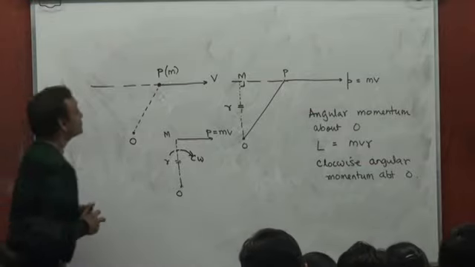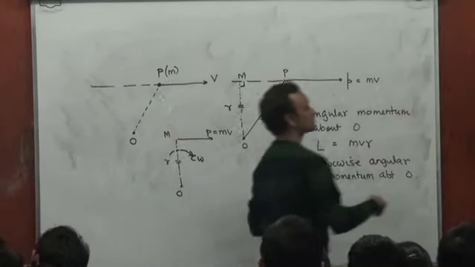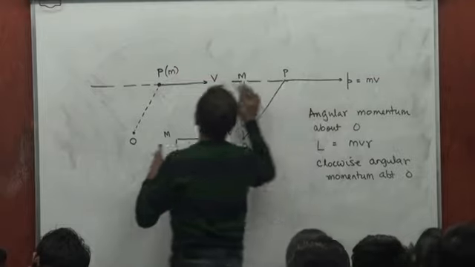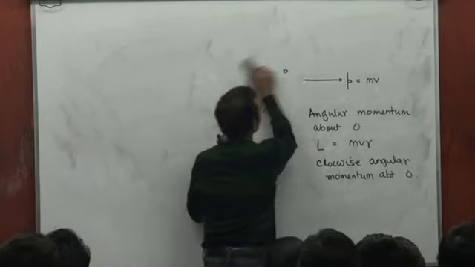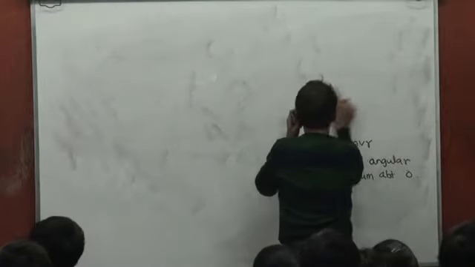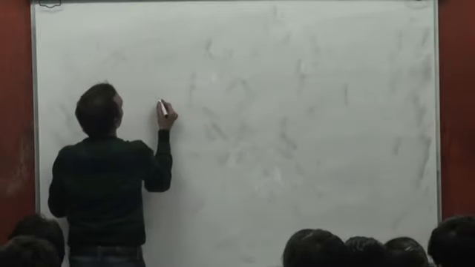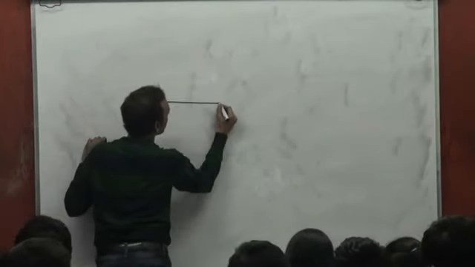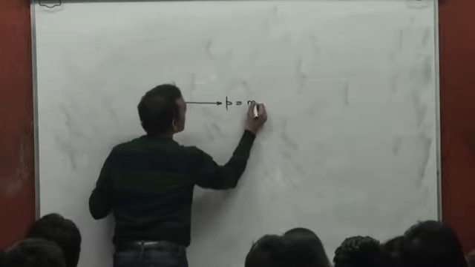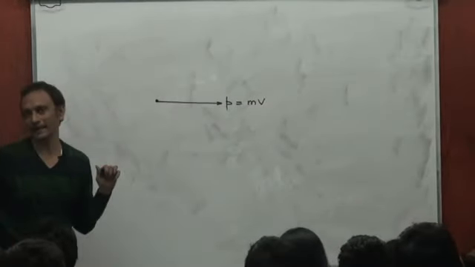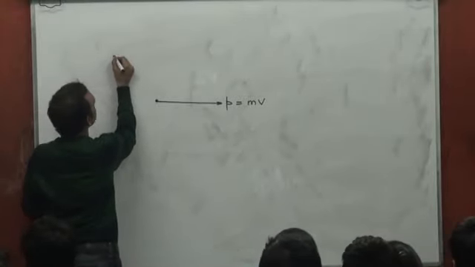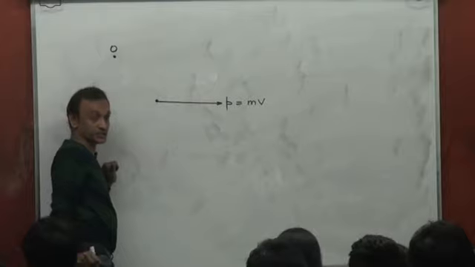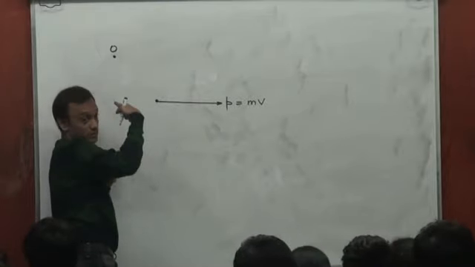In contrast, this was the particle, and its linear momentum P was of magnitude m into v, like this. And the point O was located here, instead of being below this.